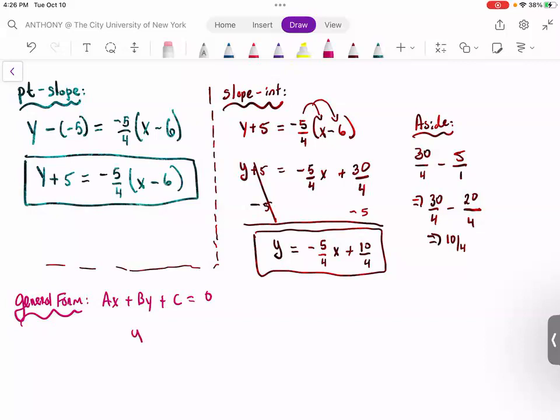So it's y equals -5/4 x plus 10/4. So how does this work? The first thing that you do is you clear your denominators, okay? Well, if I want to clear my denominators in this example, I could multiply 4 throughout the entire equation.